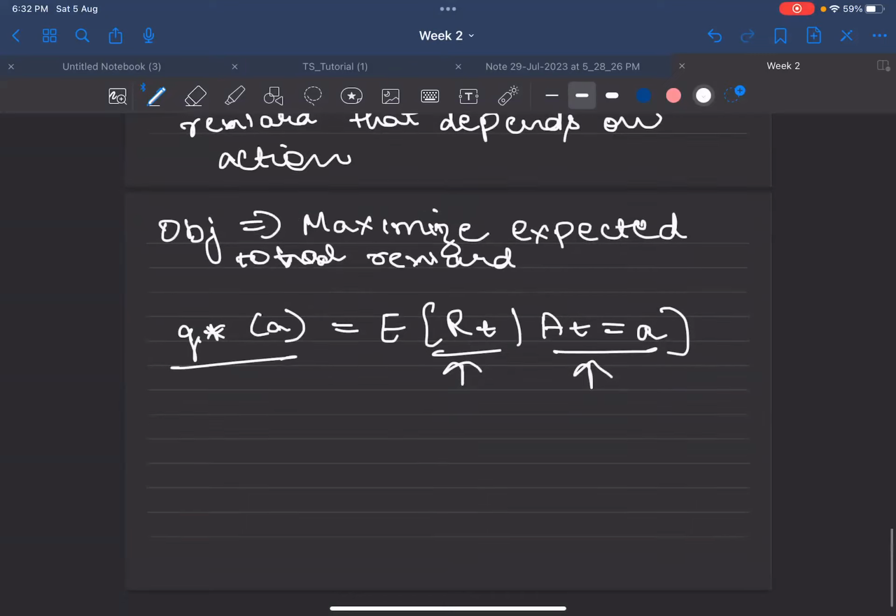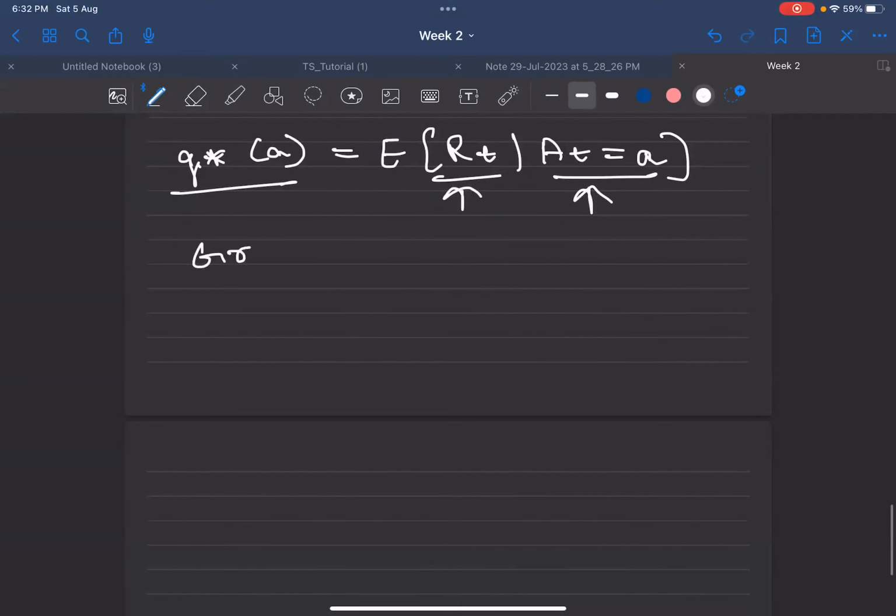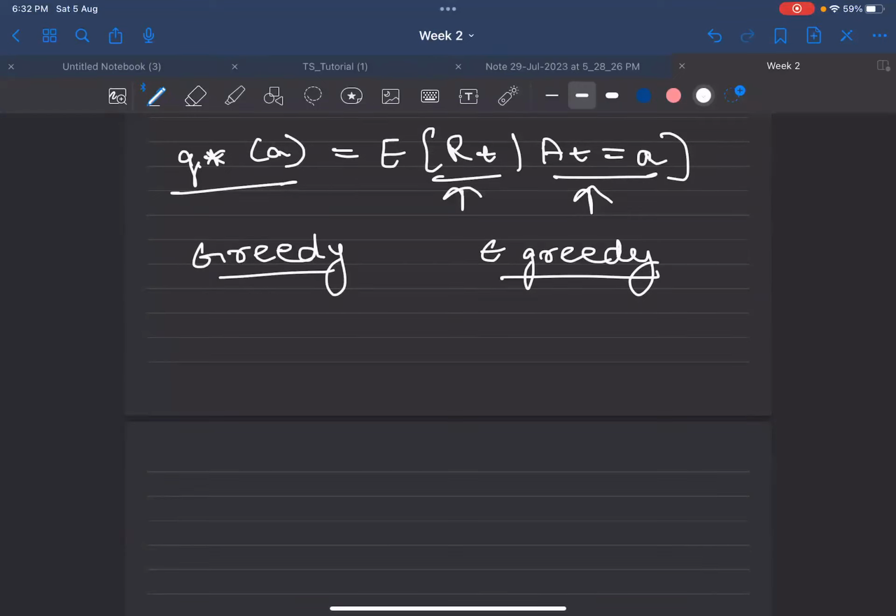Now coming to the greedy approach. What is greedy? What is epsilon greedy? Though we discussed somewhat in the last class. Greedy is just picking the best action at every instant, and epsilon greedy is being explorative with a probability epsilon. Yes, you are right. One more thing.